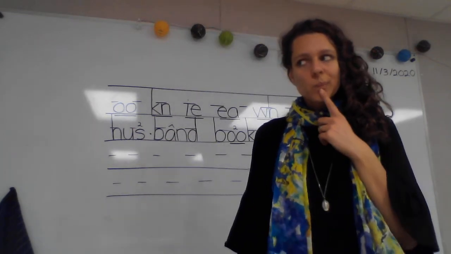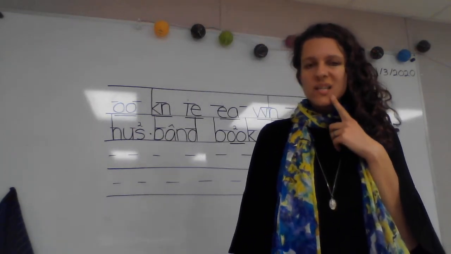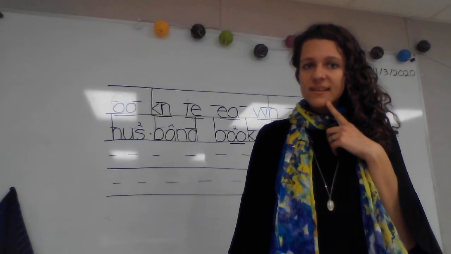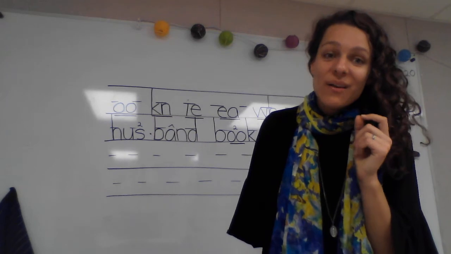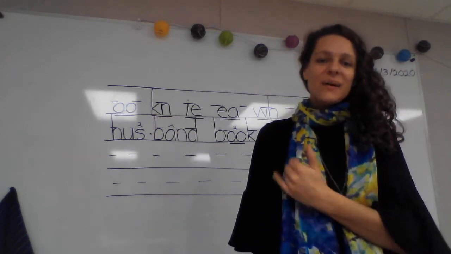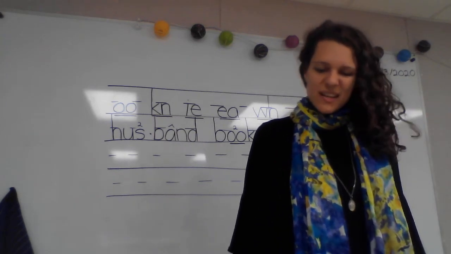Calf. That was a two-way word. How did we say it to spell it? Good. We said calf. We say calf to spell calf. Go ahead and write those sounds. There's nothing tricky in there.